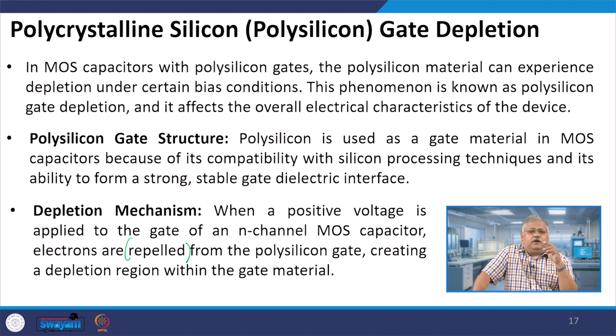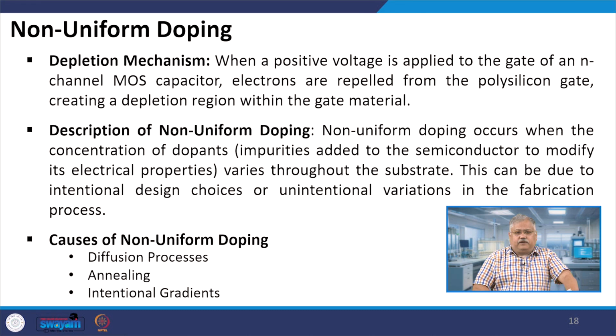If it would have been a pure metal, you would never see such a reaction, but because of the polysilicon material, there will be a gate depletion happening within the gate material itself, and that makes the process very difficult. Obviously, as I discussed with you, the electrons will be attracted and the holes, the positive charges, will be repelled, therefore there will be a depletion region.